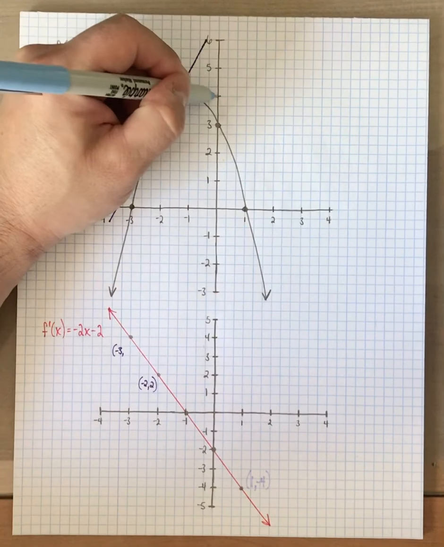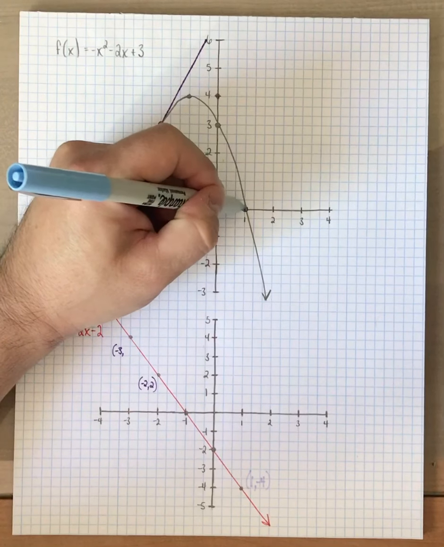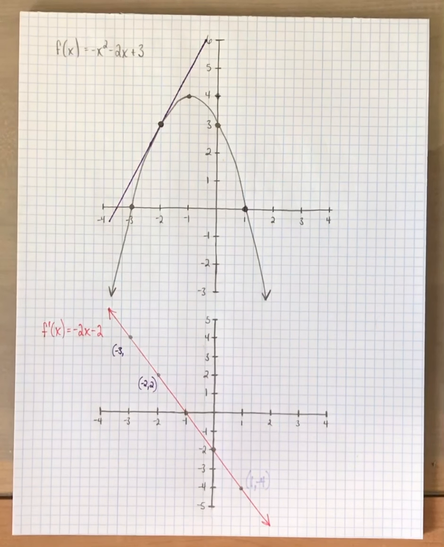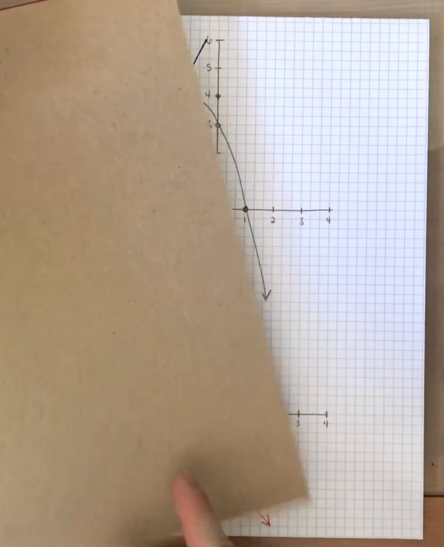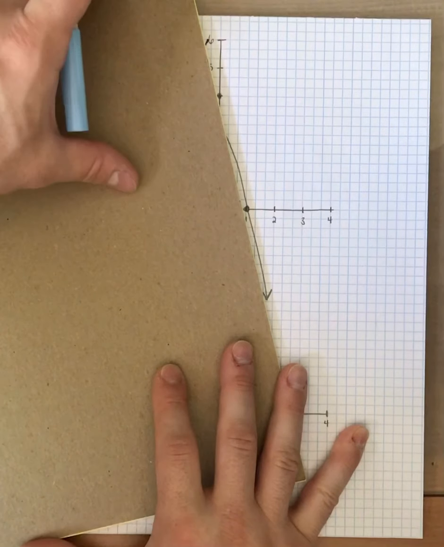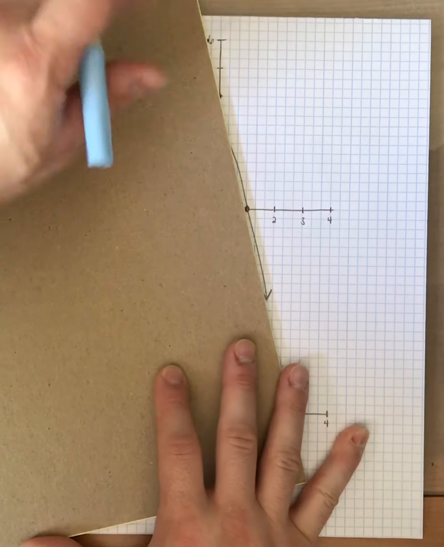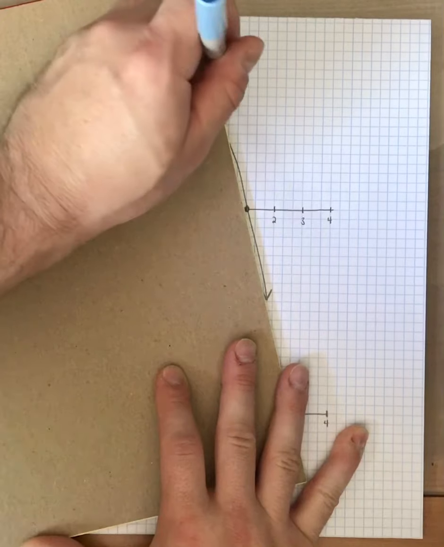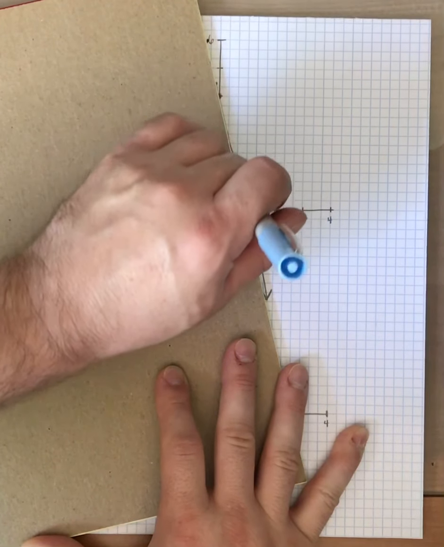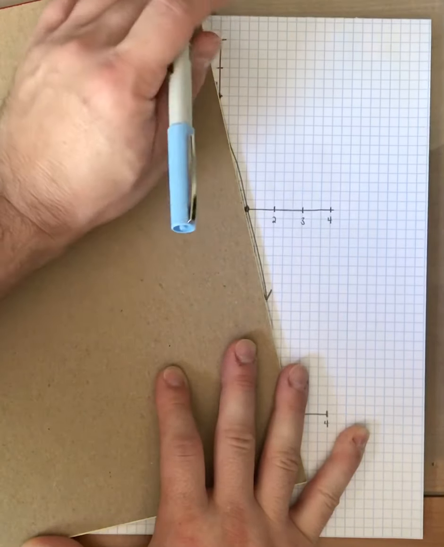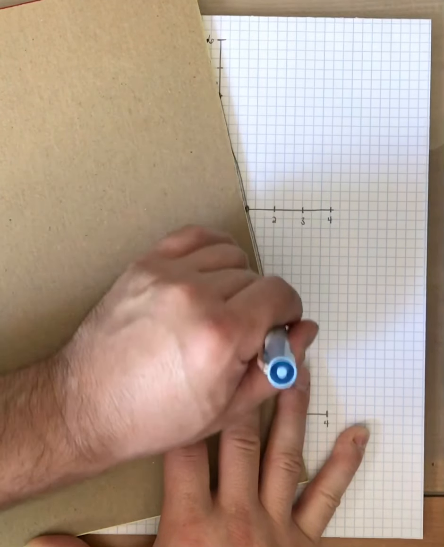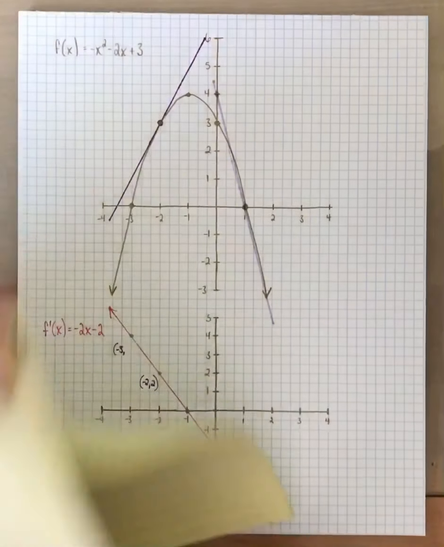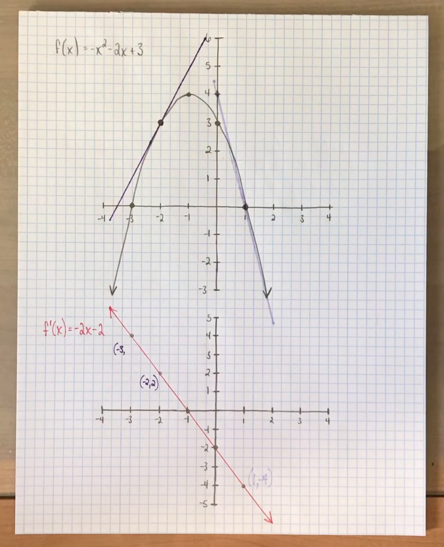So if I connect this point where it's tangent to the graph to this point up here to draw the tangent line, if you'll excuse the fact that my graph is not entirely accurate and using a sketch pad here, we get a line that is, sure enough, tangent to the graph of the parabola.